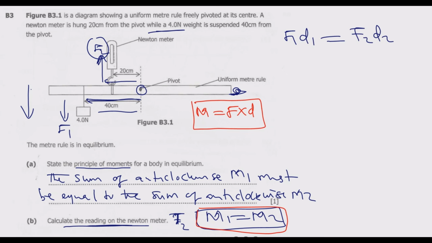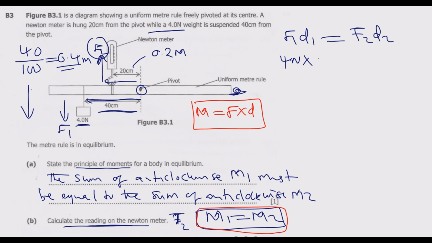Now distance should be in meters. So force 1 is 4 Newton, and we are multiplying by the distance. This distance is 40 centimeters from the pivot. So this 40 centimeters should be converted to meters by dividing by 100, because there are 100 centimeters in 1 meter. So we end up with 0.4 meters. Similarly, this one will be converted to 0.2 meters by dividing by 100.